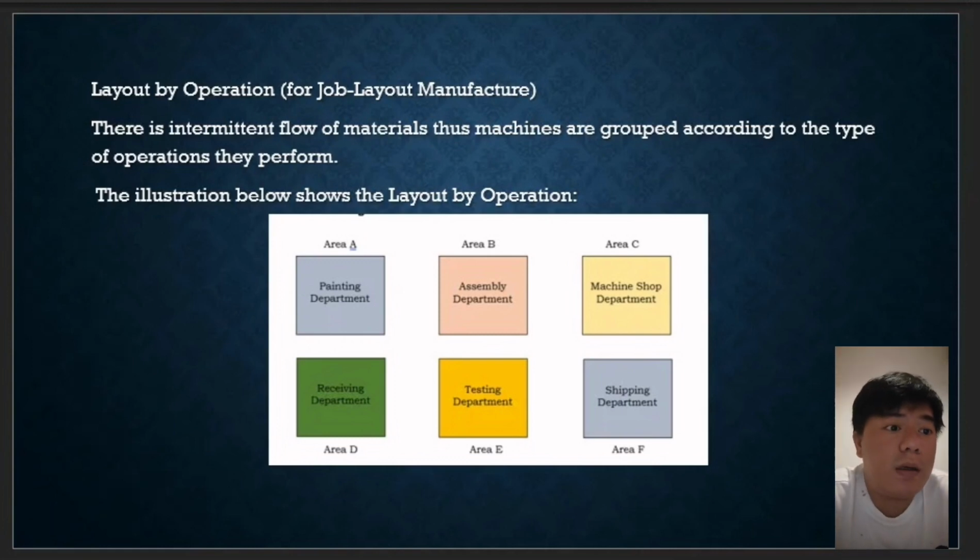Area A, we have a painting department. Area B, assembly department, and area C, machine shop department. Letter D, receiving department, area E, testing department, and area F, shipping department. So that's all.